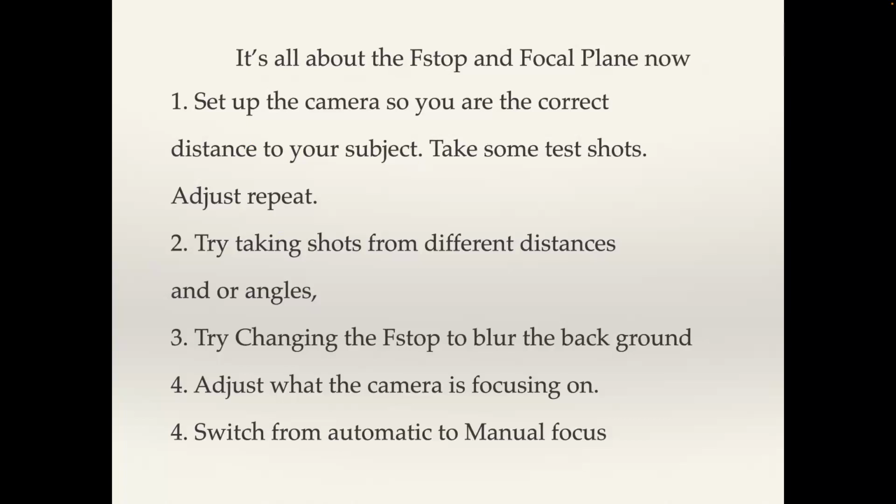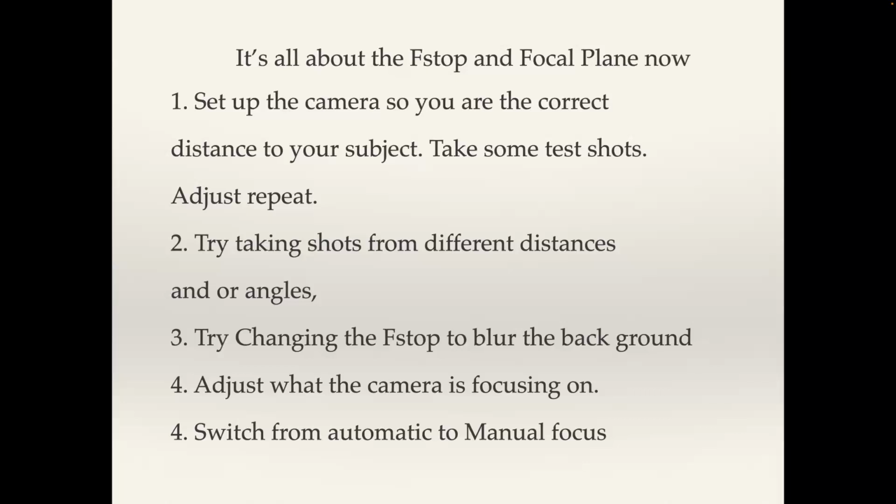You look at the distance that you're going to be from the subject. For instance, with my 90 millimeter, I can take shots out to infinity, or I can select it to go from like 1 foot up to 3 feet. And then I have to position my camera so I'm that distance away from the subject. And I adjust and then repeat.